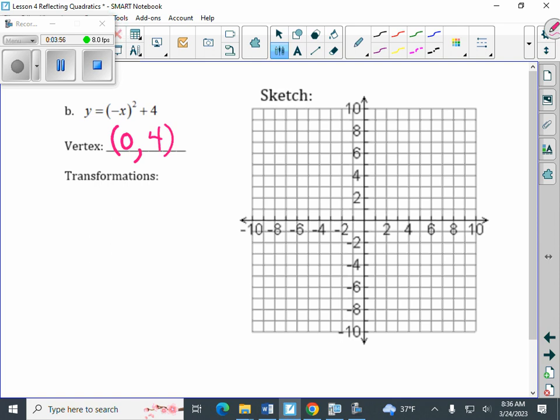And then when we look at what's happening in terms of the transformations, this time we have a negative inside of the parentheses, so it's inside the function. And what that means is that we're going to reflect our graph over the y-axis.